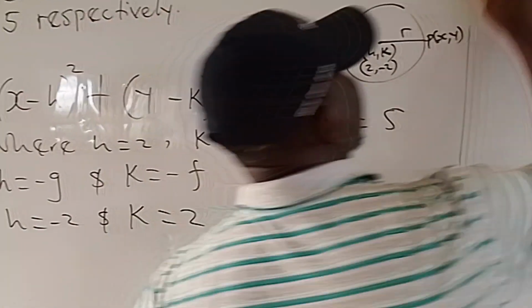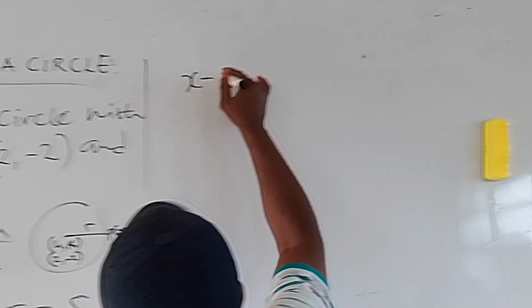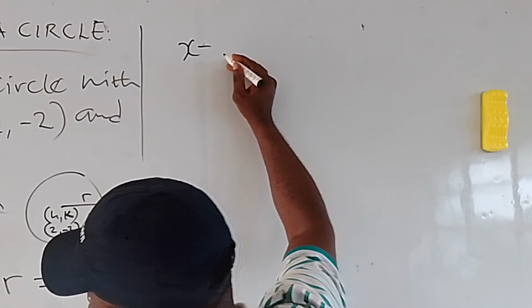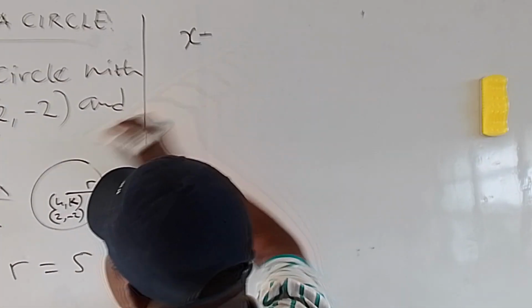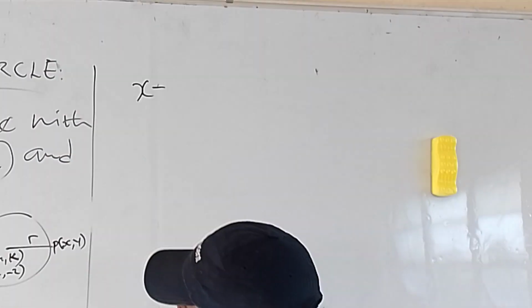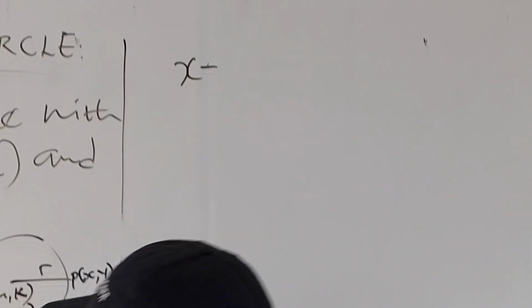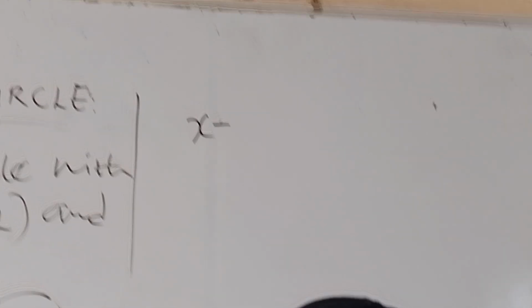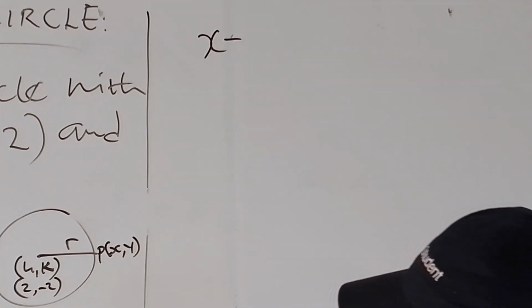So let's go. If you can see what I am saying, our x minus h, we know that our h now is minus 2. But originally it was given as plus 2, true or false? But because the center is always negative, minus g and minus f, instead of that, we are going to make use of this properly.